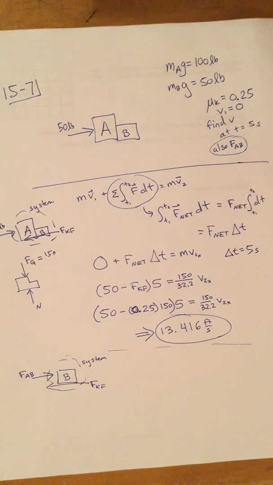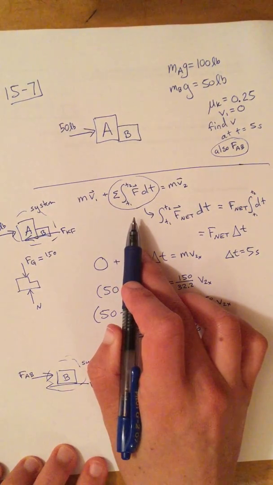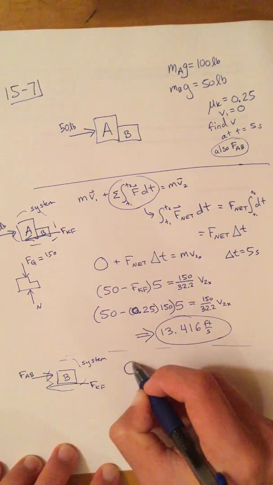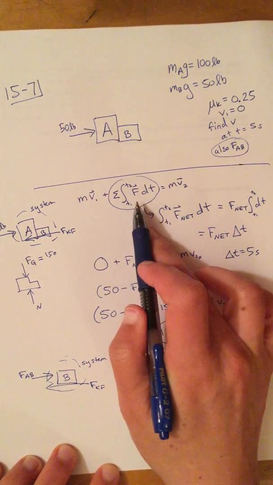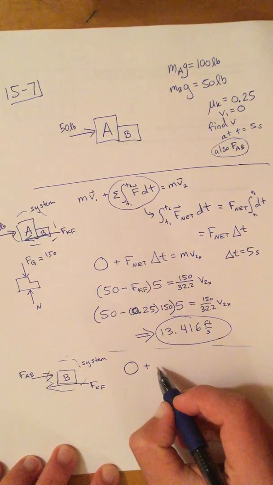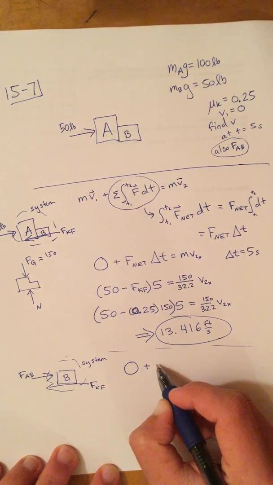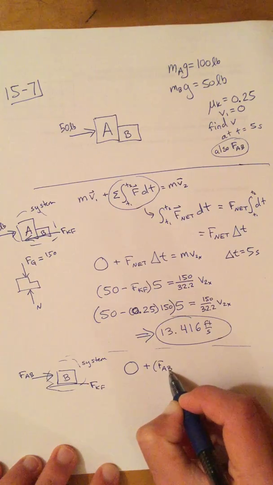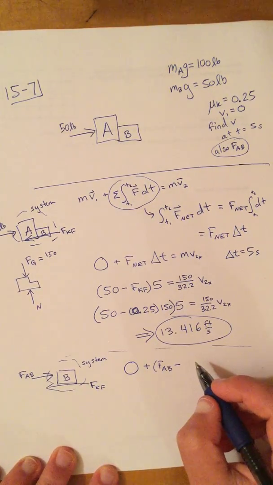I can again use the impulse-momentum relationship. My initial velocity is still 0, so this is 0 plus the integral of the net force with respect to t. Both these forces are constant, so you can pull them outside the integral, and you have the force that A exerts on B minus the force of kinetic friction.